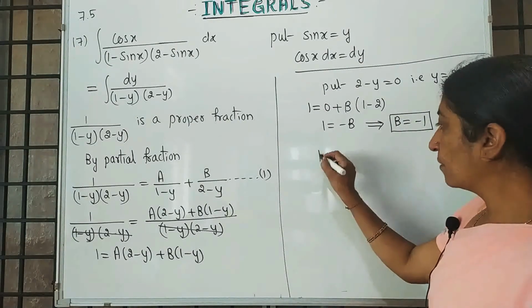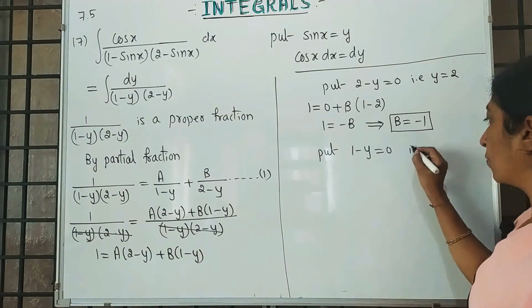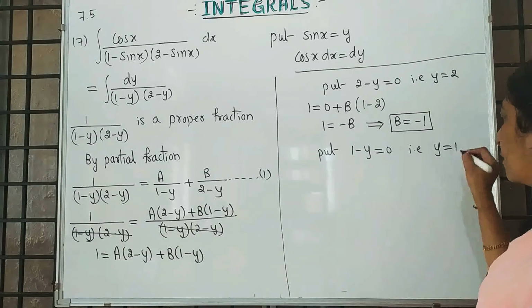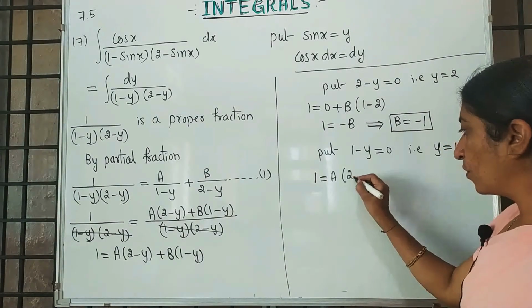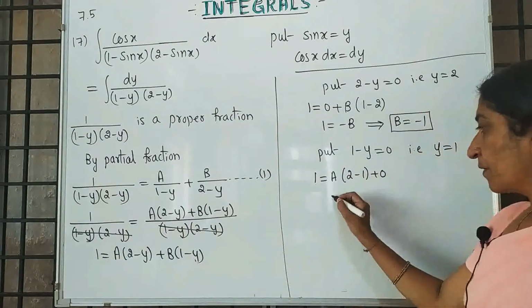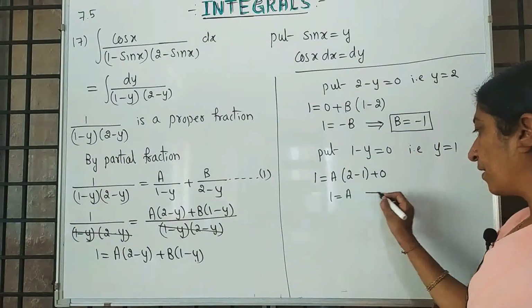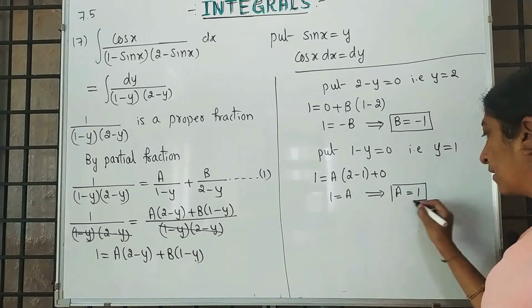Next, put 1 minus y equal to 0, that is y equal to 1. 1 is equal to a into 2 minus 1, and b becomes 0 since 1 minus 1. So 1 is equal to a, that is a is equal to 1.